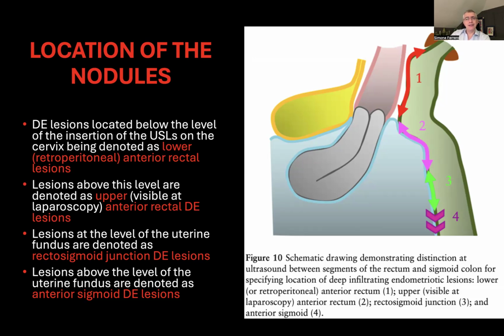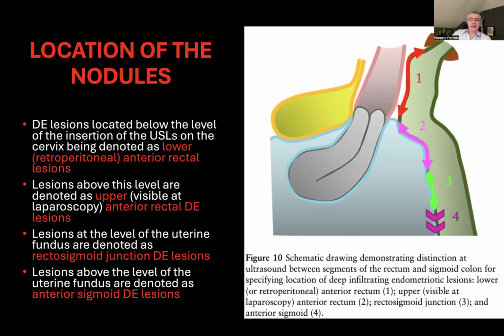How do we define the different locations of these nodules? Deep nodules located below the level of the insertion of the uterosacral ligament on the uterine cervix are defined as low anterior rectal lesions. Lesions that are located above this level are denoted as upper anterior rectal lesions.